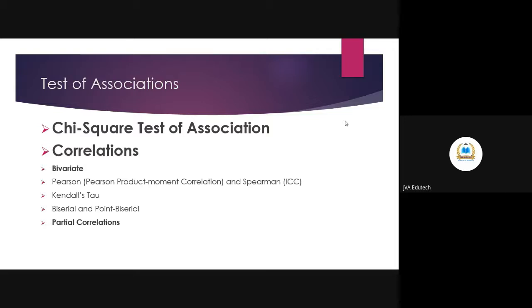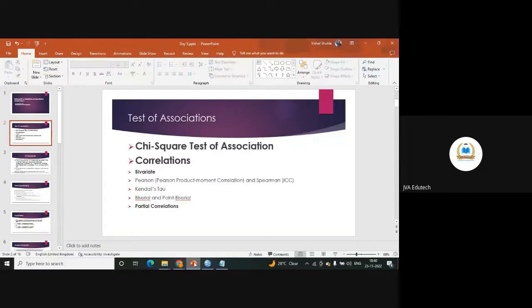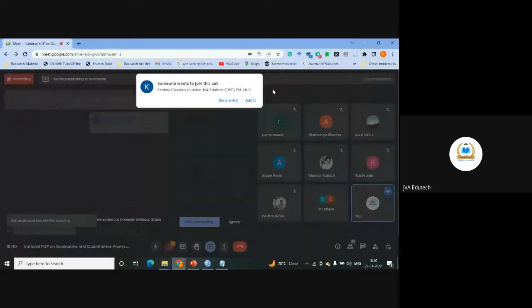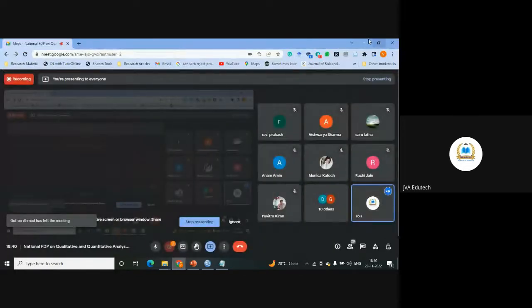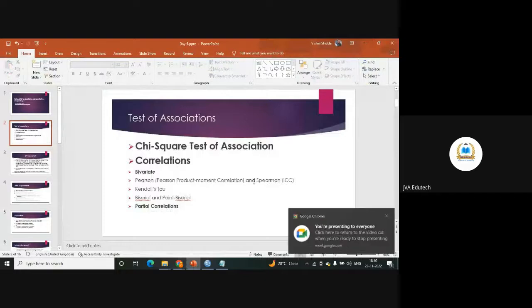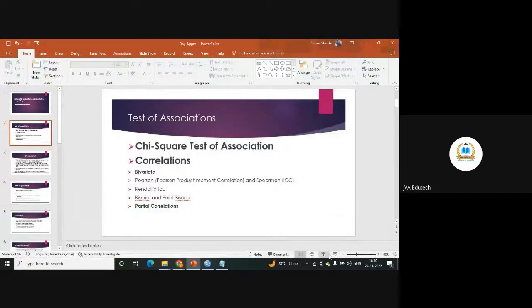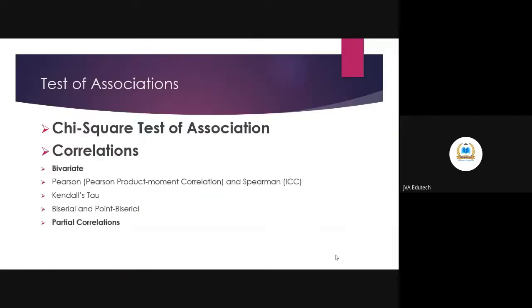So in most of the cases, if you are doing chi-square test and you are getting a note below that chi-square test, that this percent of cells have values less than 5 counts, then you can well understand that your chi-square test of association is not correct. So the basic requirement is that in each of the cells, the minimum frequency count should be 5. That's the requirement.